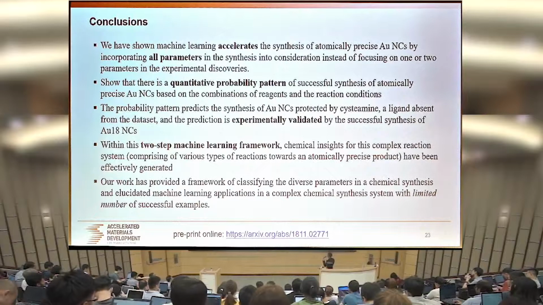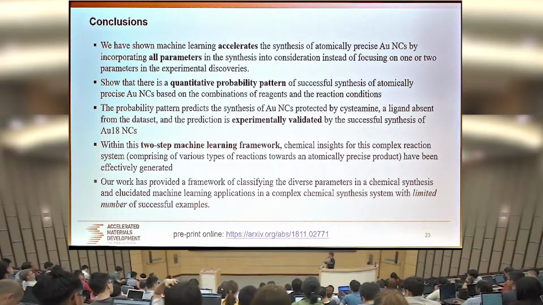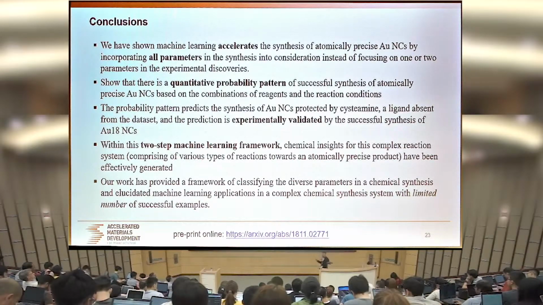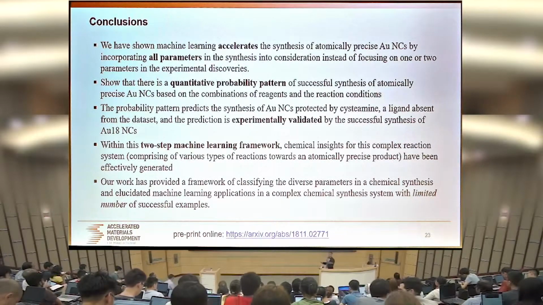We have experimentally validated that we can successfully synthesize atomically precise gold nanoclusters. This two-step machine learning framework can gain some insights from this kind of complex reaction system. And we show that even with a limited number of successful examples, machine learning tools can be quite powerful.